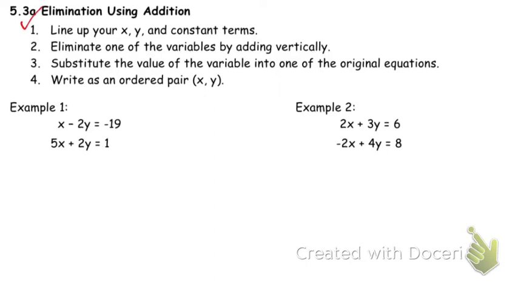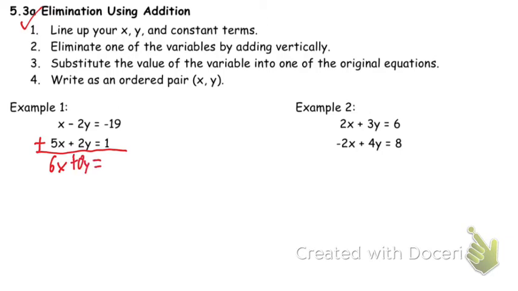Now it says to eliminate one of the variables by adding vertically. So I'm going to add those two equations. What is x plus 5x? And on the left to right, what is negative 2y plus 2y? 0y.